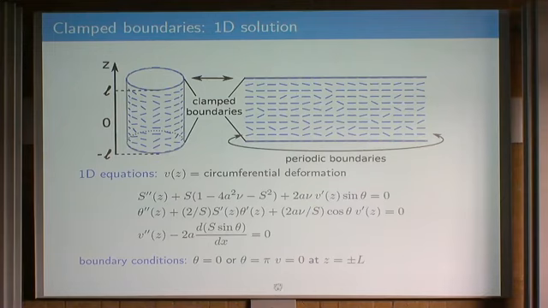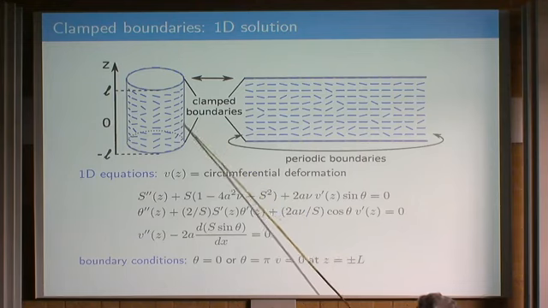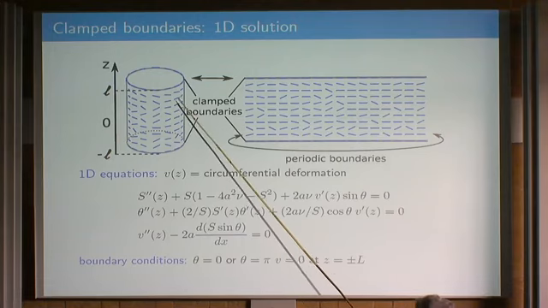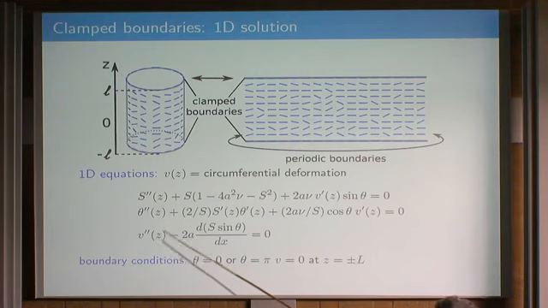Later, this is still unpublished, we explored it more. This is such a system. This is a cylinder with clamped boundary. So in this system, we impose on the boundary an orientation, either parallel or normal to the boundary, and we can obtain here one-dimensional solutions.